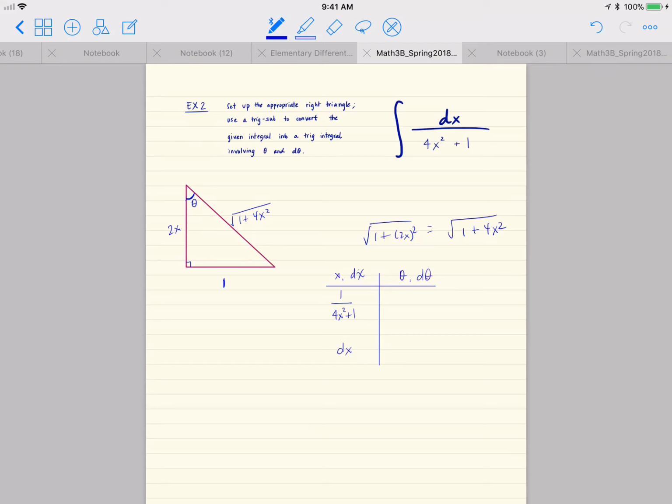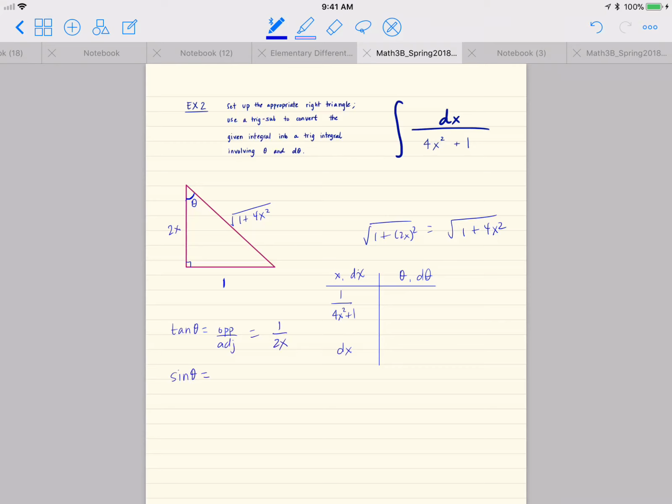How are we going to do this? We need to figure out the relationship between theta and x. On the one hand, I'm looking at theta, and based on this triangle, what is tangent of theta? Tangent of theta is opposite over adjacent, which is going to be 1 over 2x. So that's one relationship I found. What's sine of theta?